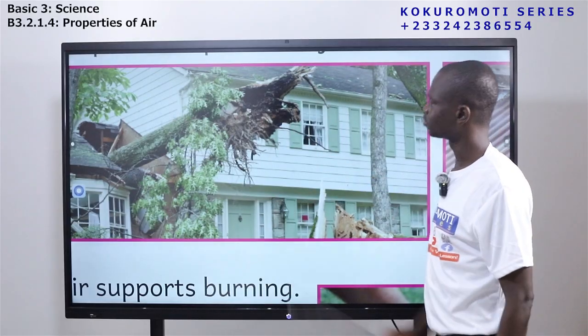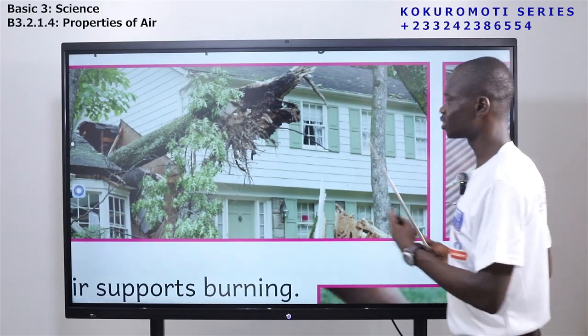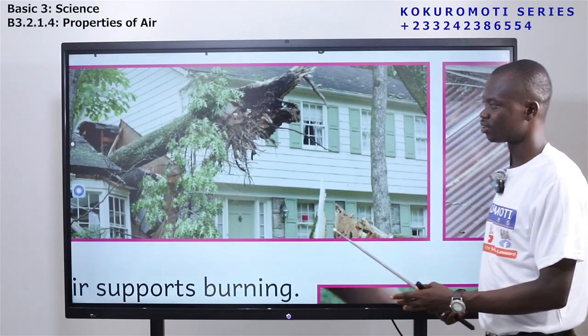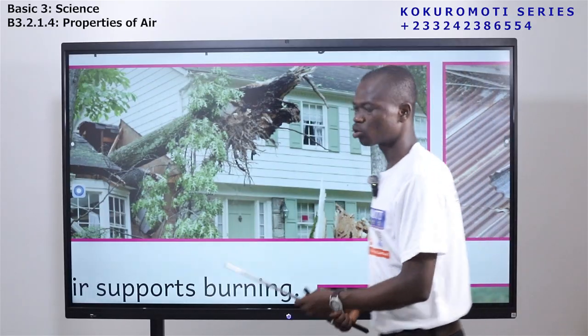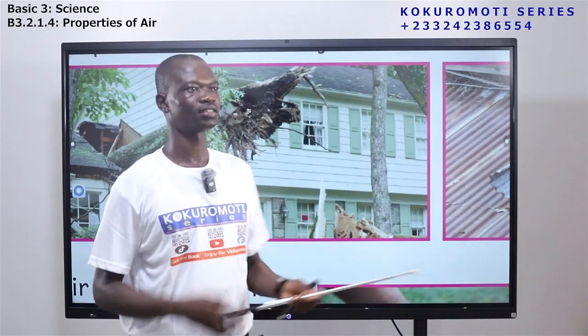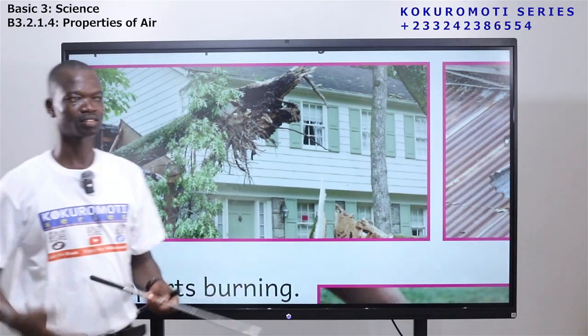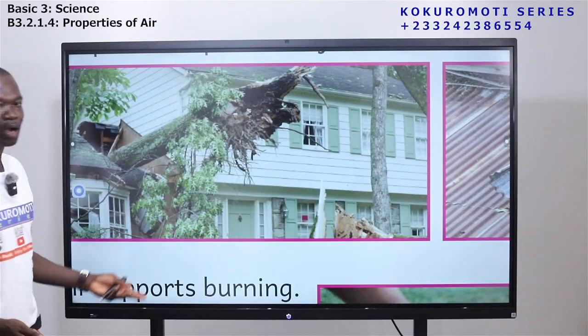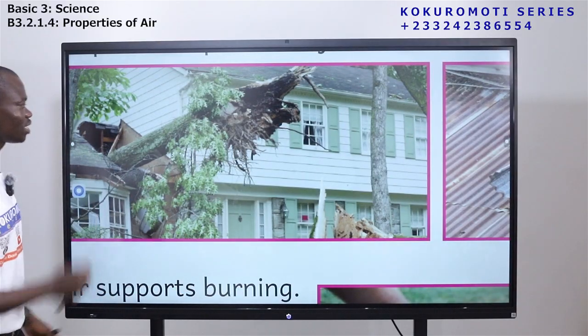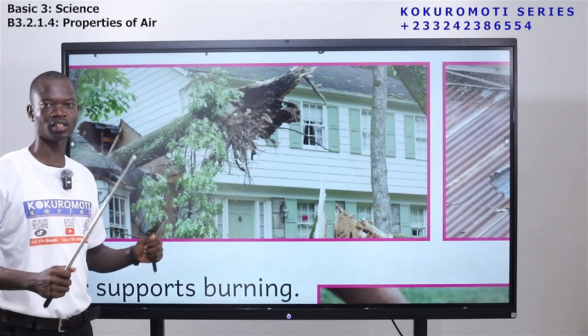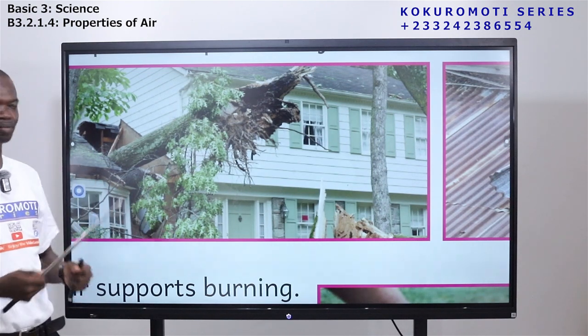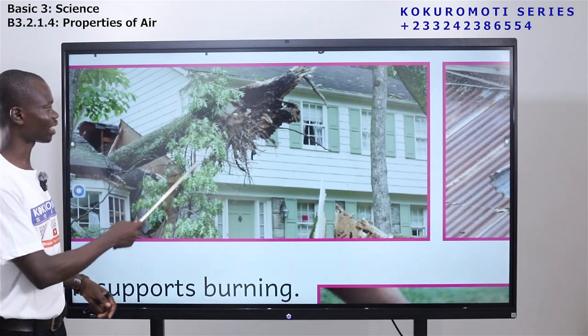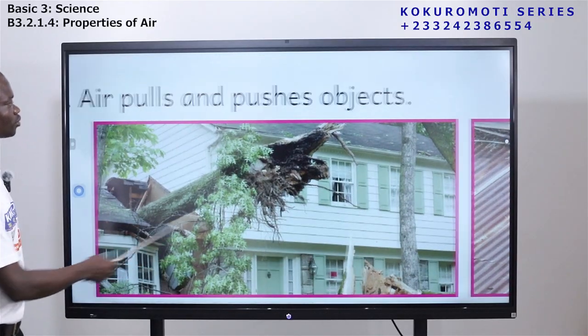The tree has been uprooted by air. So sometimes when it is raining, you see trees falling and houses being ripped off, all by air. So you see air can push something, air can also pull up something. You see what air has done to the tree.